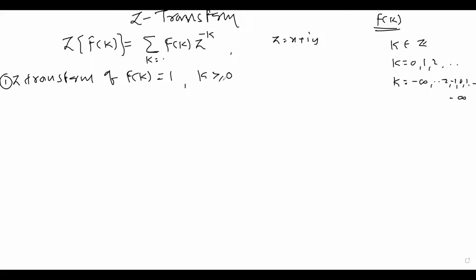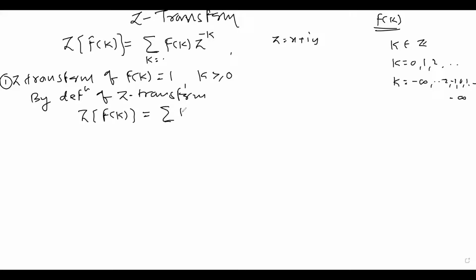So by the definition of the Z transform, the Z transform of the sequence f of k is equal to the summation of f of k z raised to minus k. Now here f of k is given, and the domain of the sequence, k, is running from 0 to infinity.